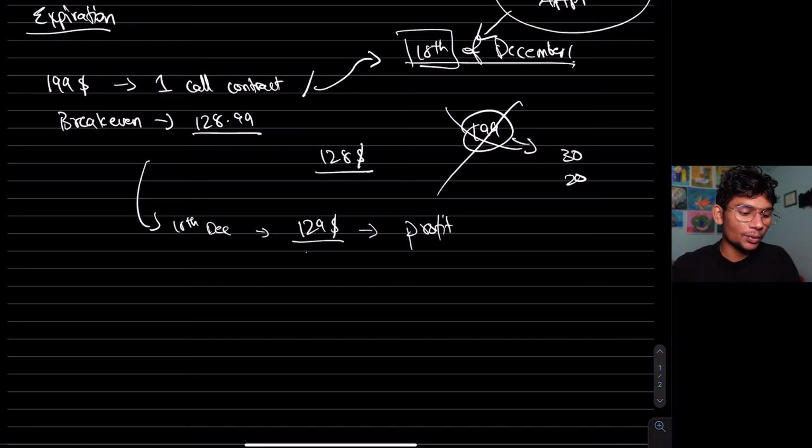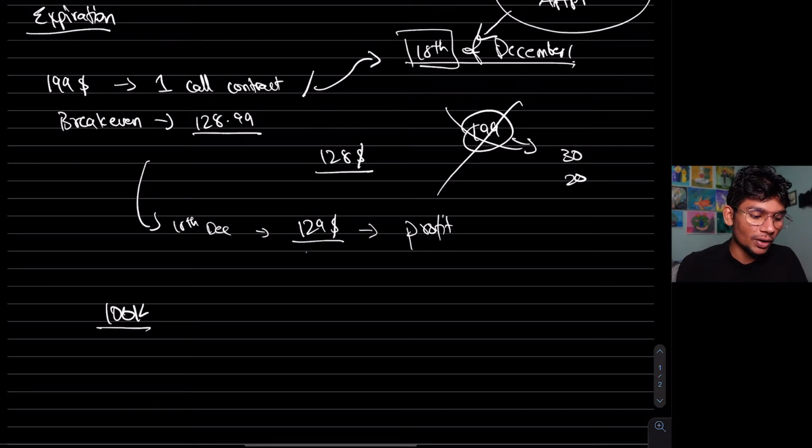So let's just say we have, I don't know, 100K in our portfolio, and I know most of us don't. This is the very reason I do not want you guys to let your contracts expire. Let's say you have 100K, or maybe 200K.